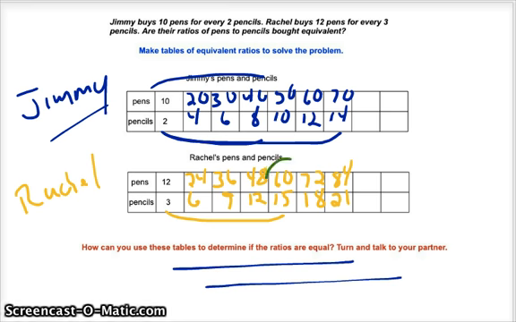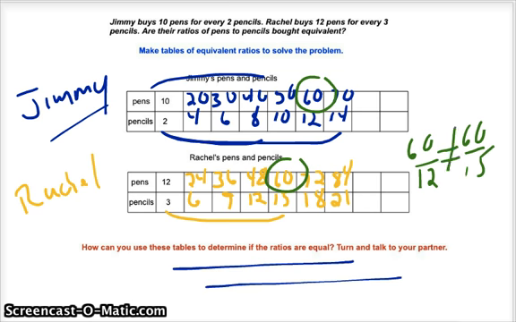And down here I also found 60 in Rachel's table. When Jimmy buys 60 pens, he buys 12 pencils. So Jimmy was 60 to 12. When Rachel buys 60 pens, she buys 15 pencils. Okay, and 60 to 12 is not equivalent to 60 to 15, so I know their ratios are not equal.